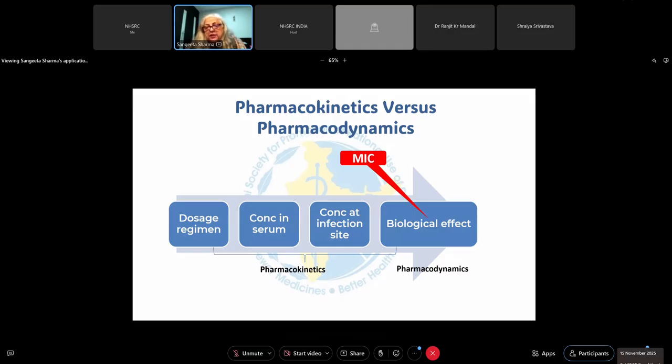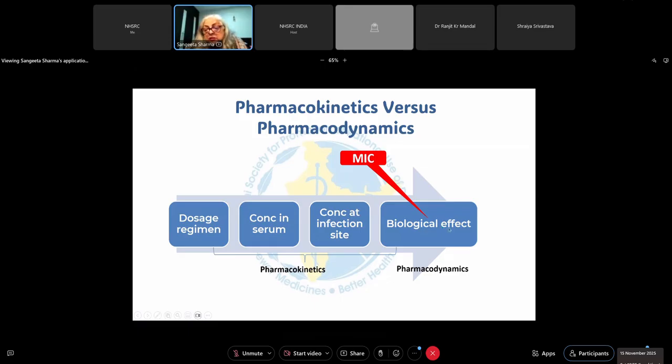In treating infections, there are 3-4 things we need to keep in mind. Dosage regimen: we need to achieve a certain concentration in the serum for it to reach the infection site. It could be brain, lung, bone, GIT, or liver. Concentration at the infection site has to be achieved, and only then will it have a biological effect, meaning an effect on the germs and pathogens.